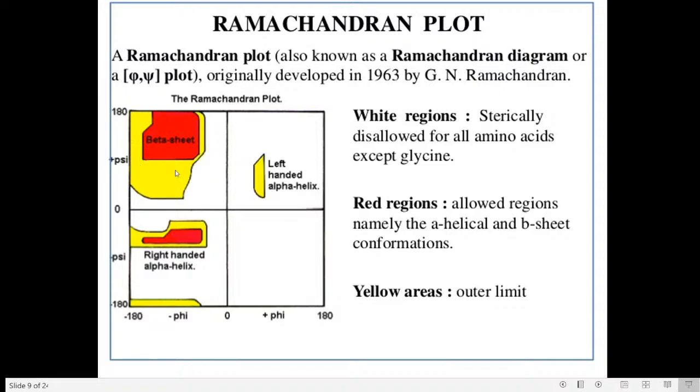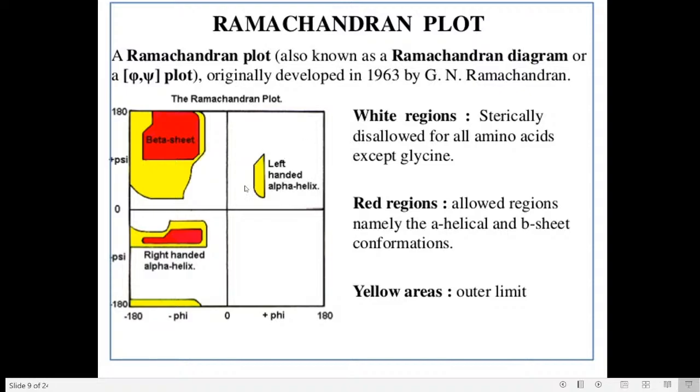Here they provided the example, and that image alone we need to describe. In this image the beta sheets counts are high. The left-handed helix is in this region, where phi and psi both are minus in this region. Based on this quantity, they provided the number, so we can tell that the protein carries the left-handed alpha helix.